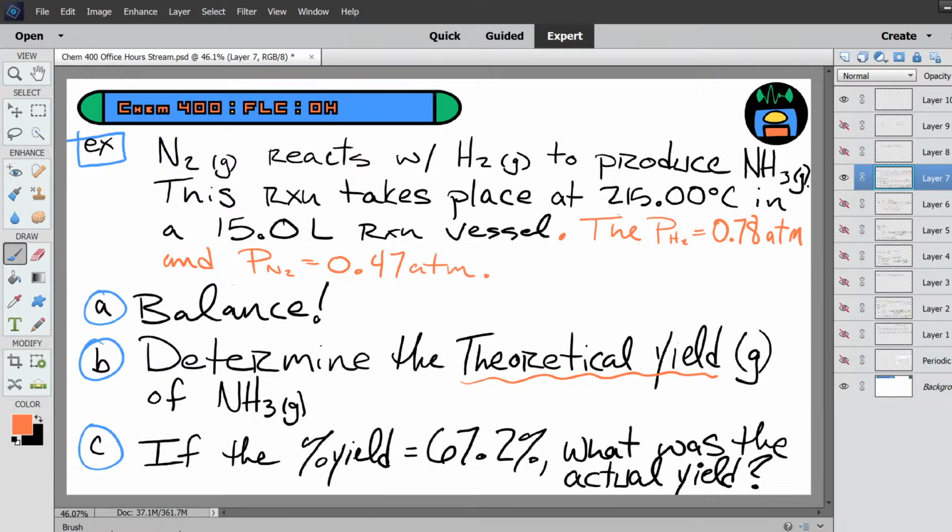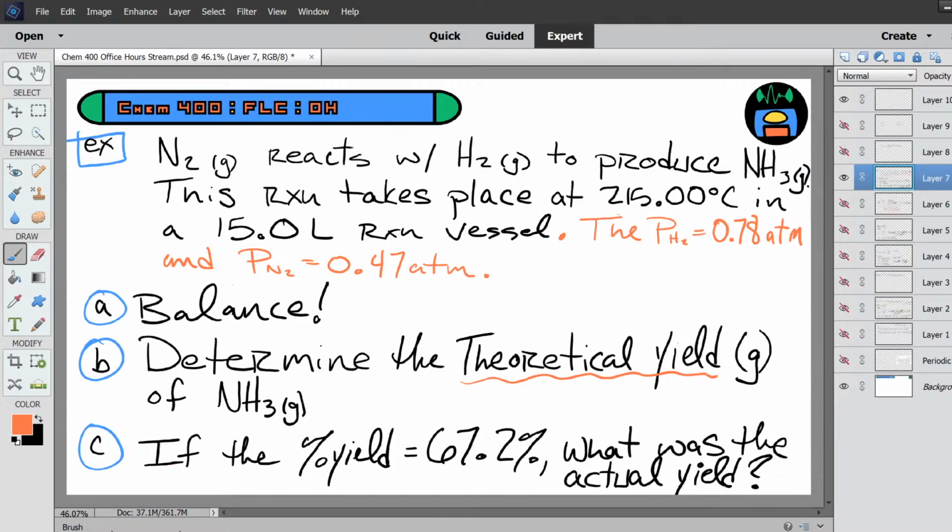All right, and now we have enough information to solve the problem. You'll see when we get to Dalton's law of partial pressures how you would handle it if you were given an overall pressure, but we're not there yet, so one step at a time.